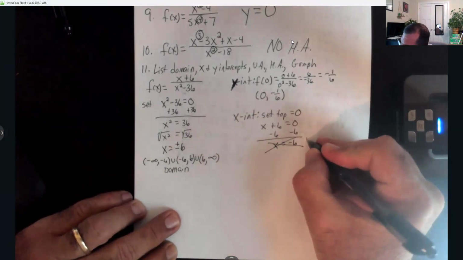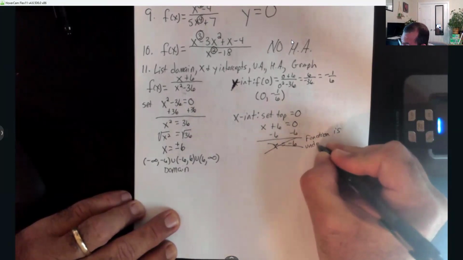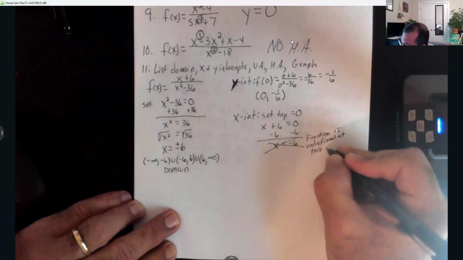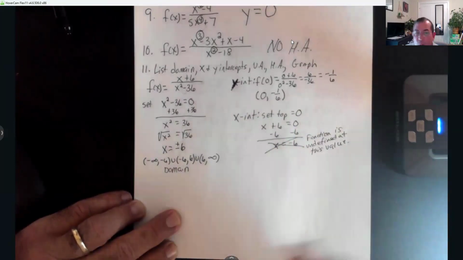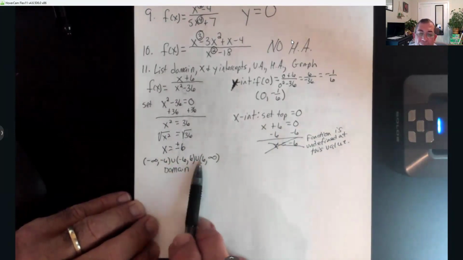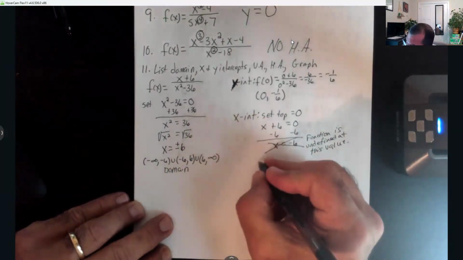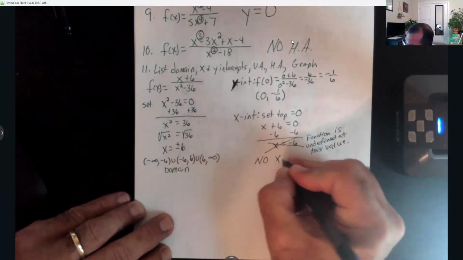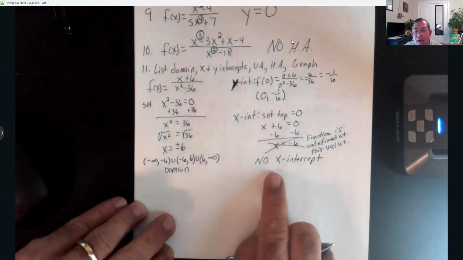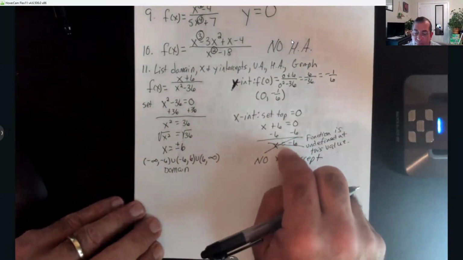Because the function is undefined at this value. So when you look at an x-intercept, you better make sure its number is not thrown out of this domain. Since this number was thrown out of the domain, that means that there is no x-intercept. You can't have an x-intercept if the function is undefined at that value, okay?